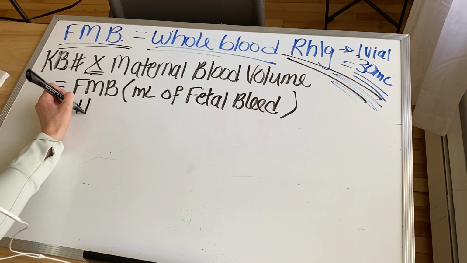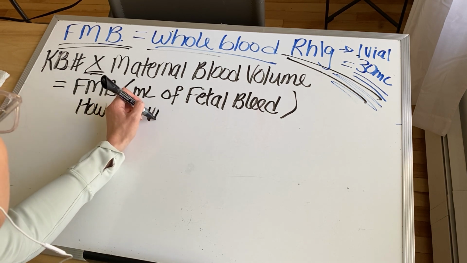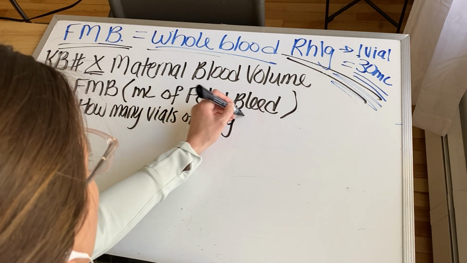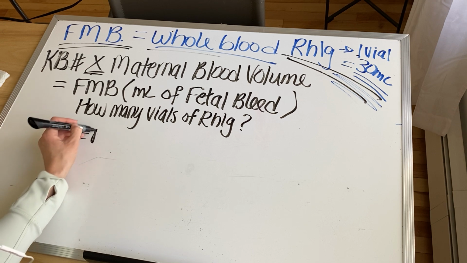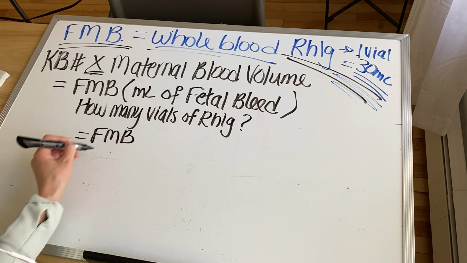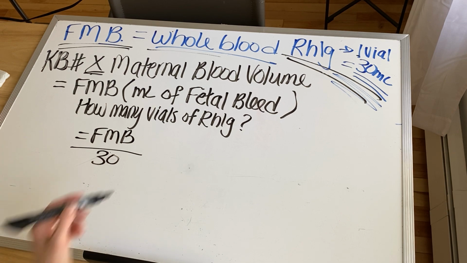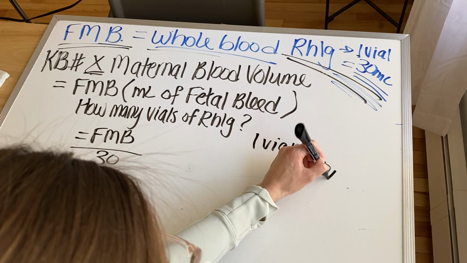And then how many vials of RhIg? You do fetal maternal bleed divided by 30, because one vial covers a 30 ml bleed.